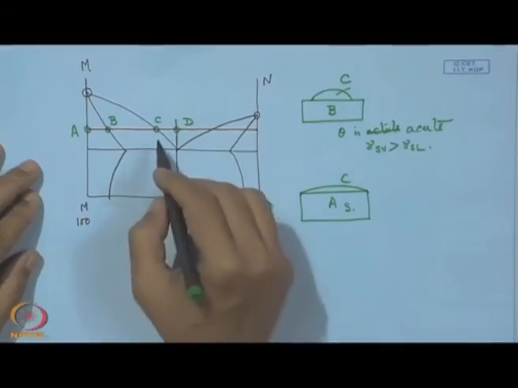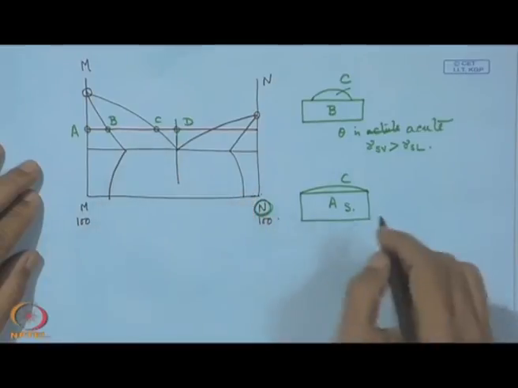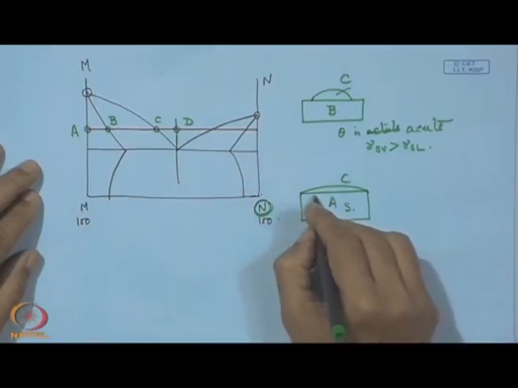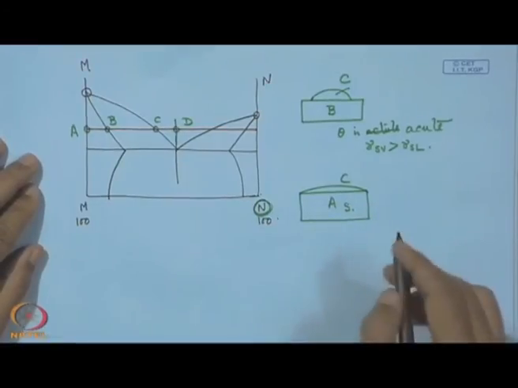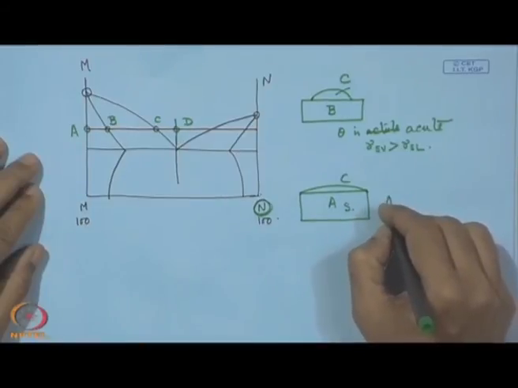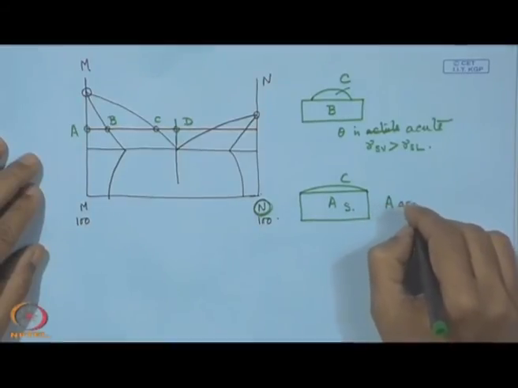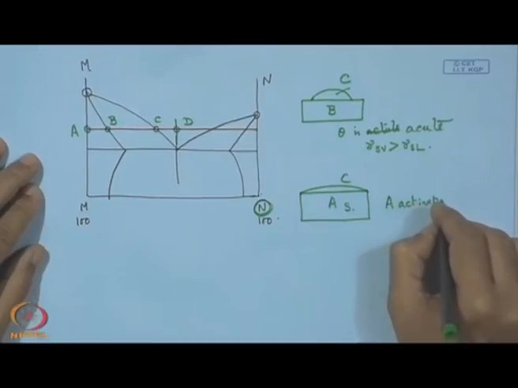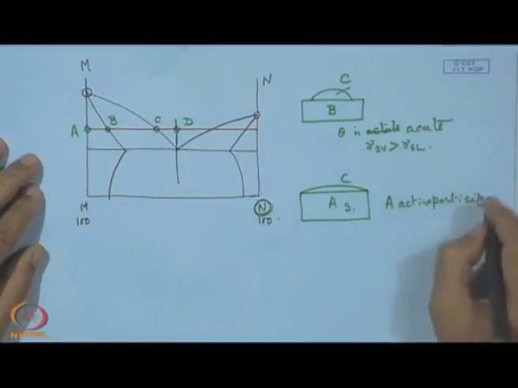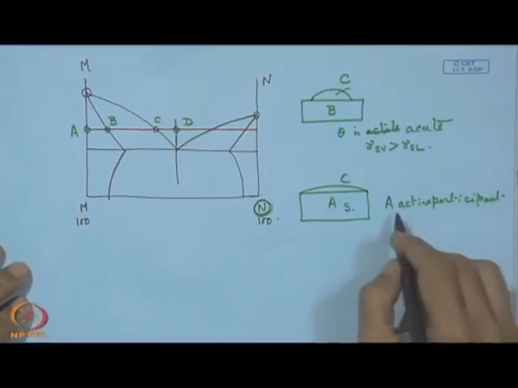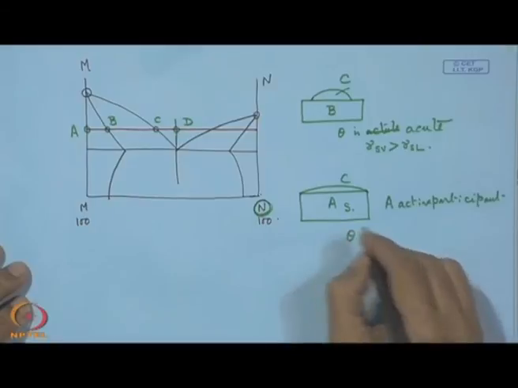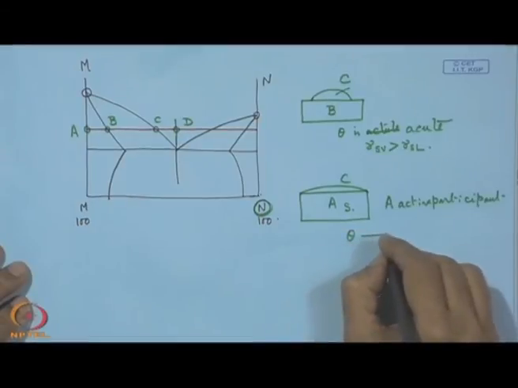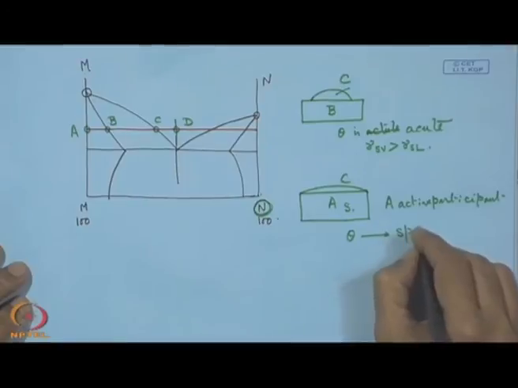component N from this composition C, and as a result the chemistry of surface A will change. Because of this change, we can say A is an active participant in this wetting activity, and this active participant will reduce the value of theta drastically, and it will lead to spontaneous spreading.